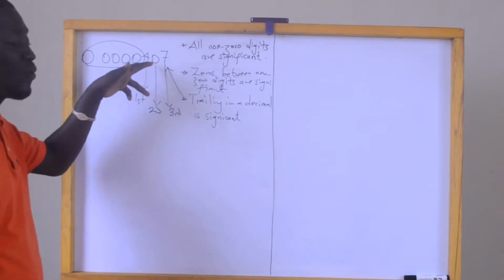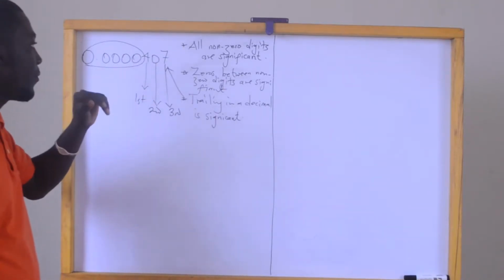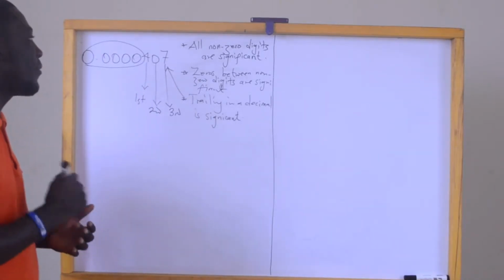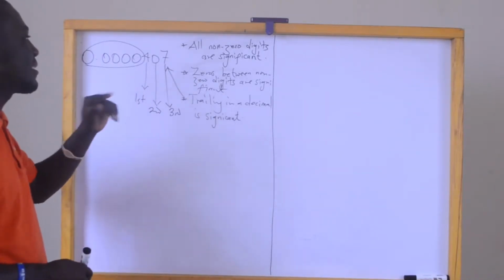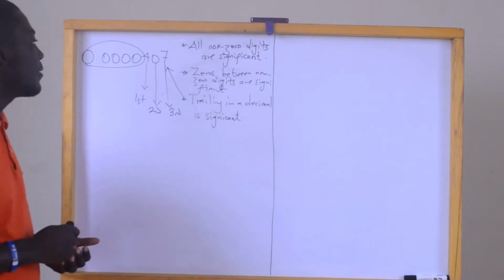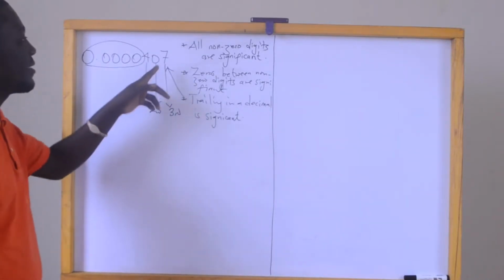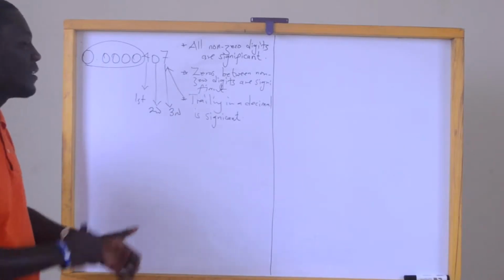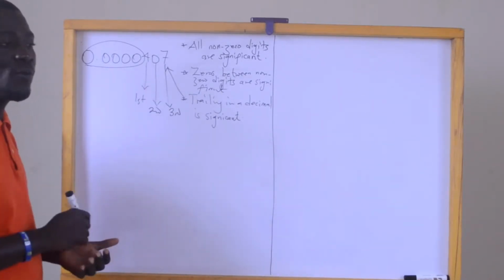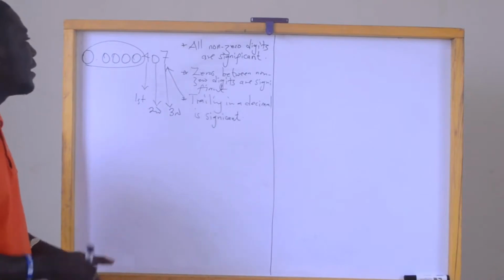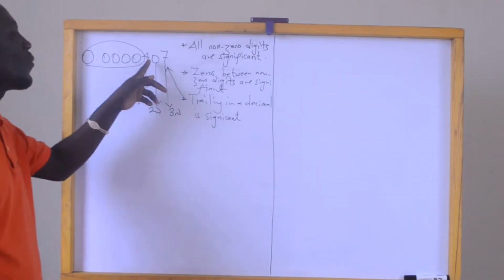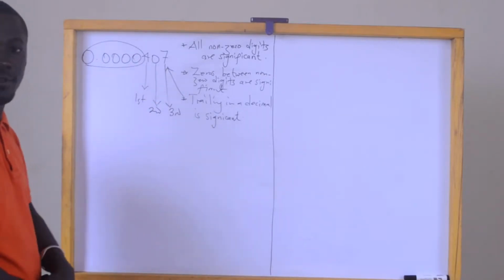Our concentration will go on to the second one, which is 0. After picking the 0, you look at the number to the right, which is next to the 0, and it is 7. So we ask ourselves, is the number equal to or more than 5? If it is equal to or more than 5, we add 1 to the 0.